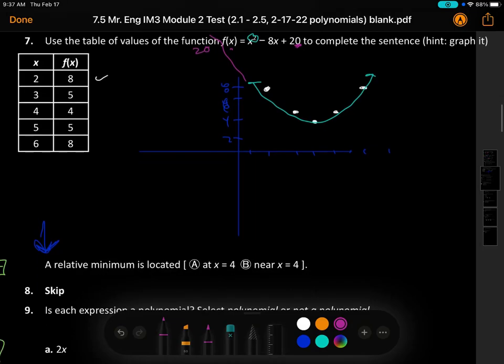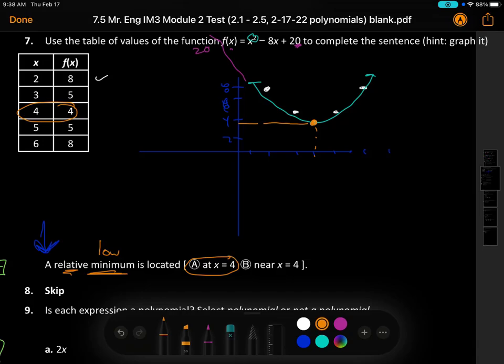Okay, now, it's saying the relative minimum. Minimum is the low point, and relative just means based on what we see here. Well, the lowest point here is in orange, and that ordered pair is (4, 4). So you might say near 4, but it is exactly at 4.